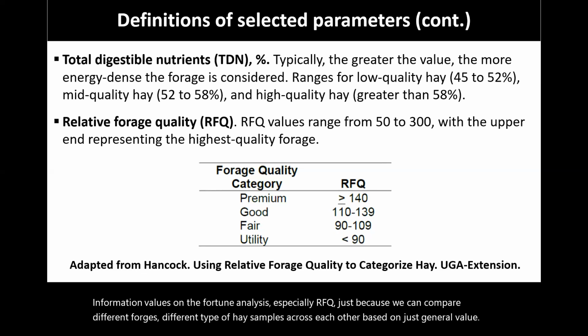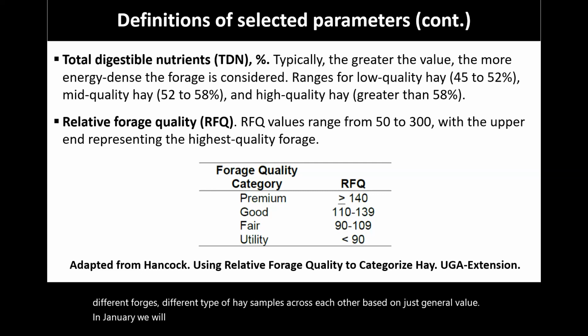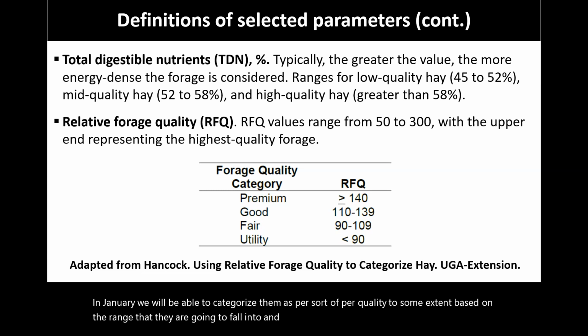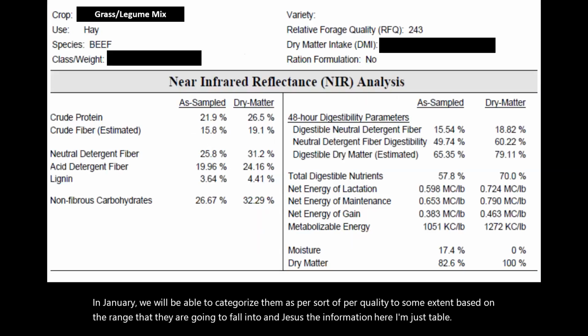In general, we will be able to categorize them by quality to some extent, based on the range that they fall into. And this is the information here on this table that's useful for that.